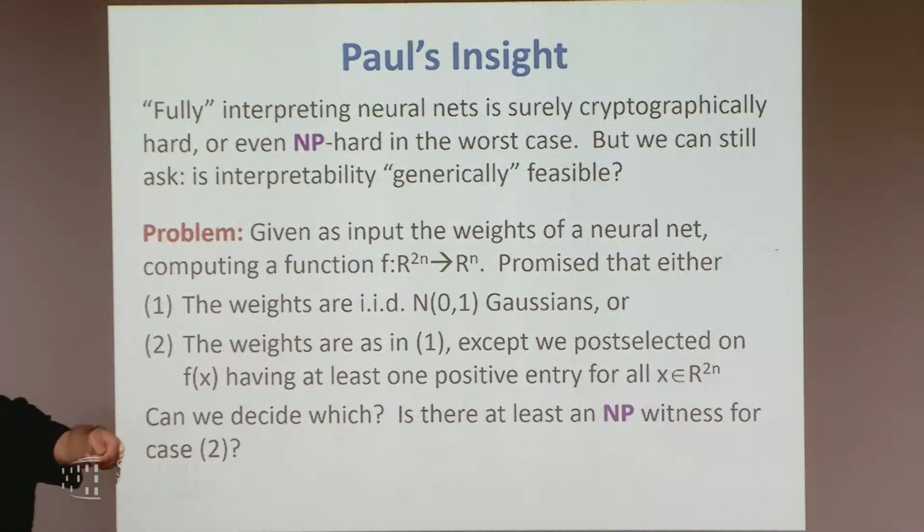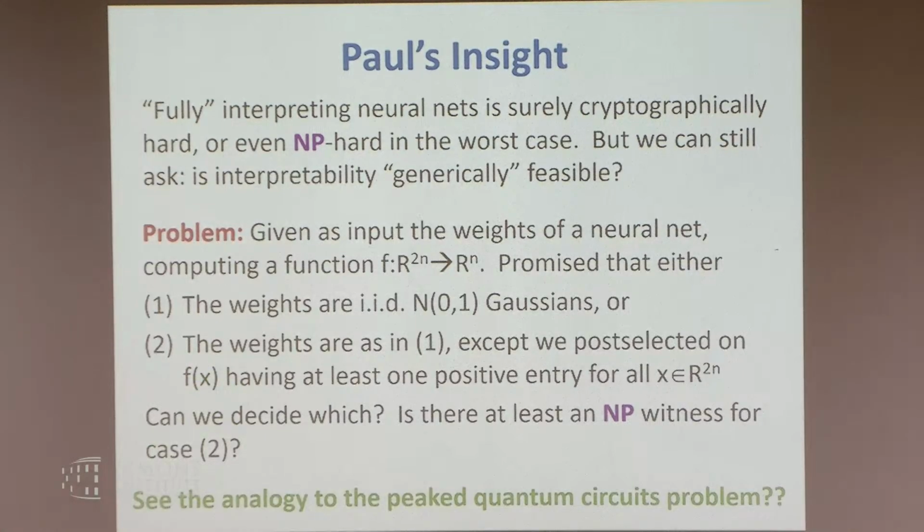That f of x would always have at least one positive entry for all, roughly, 2 to the 2n sign patterns of the input. So now the question is, given the weights, can you efficiently decide which case you are in? Or is there at least an NP witness that would prove that you were in case 2? Now I hope that by now you can see the analogy to the peaked quantum circuits problem.